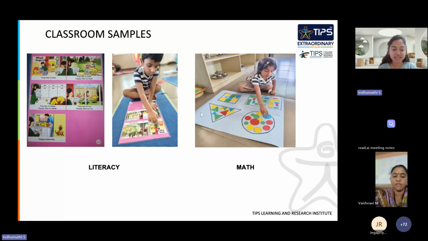Now look at the second picture. Here, the learner sorts multiple different shapes. So now can you identify which level of thinking this learner belongs to?